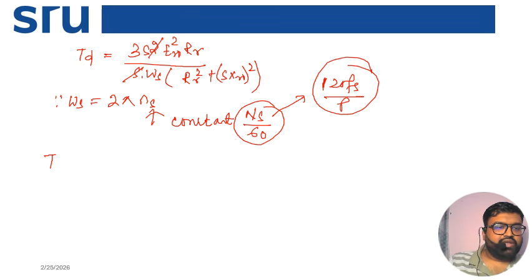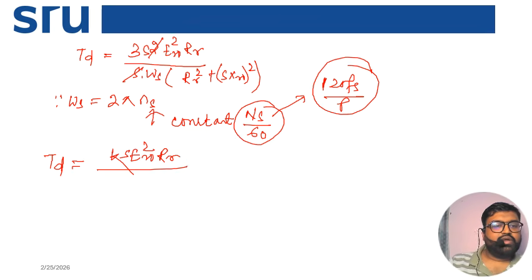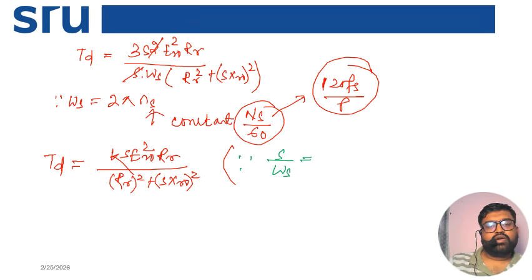Then we denote this Td as K into S ER0 square into RR divided by RR whole square plus S into XR0 whole square, where you can put S by omega S equal to K, or a constant.